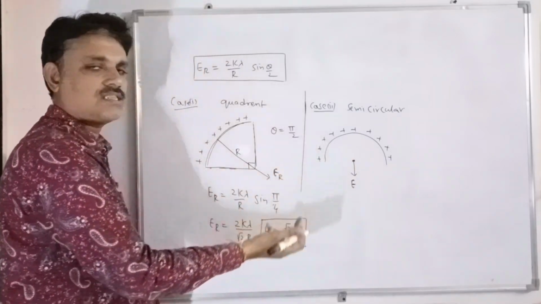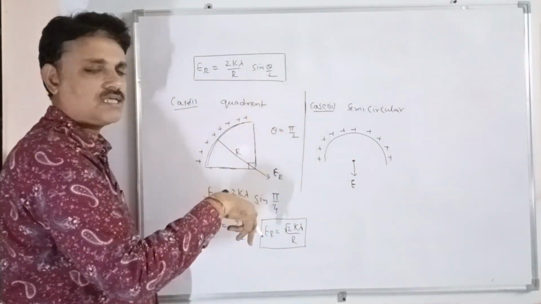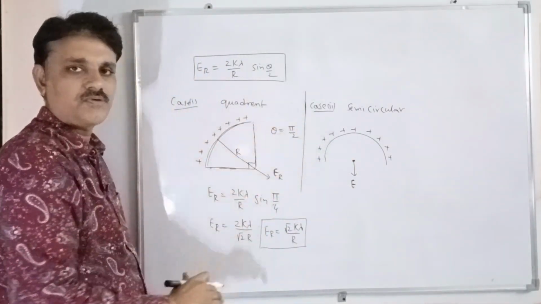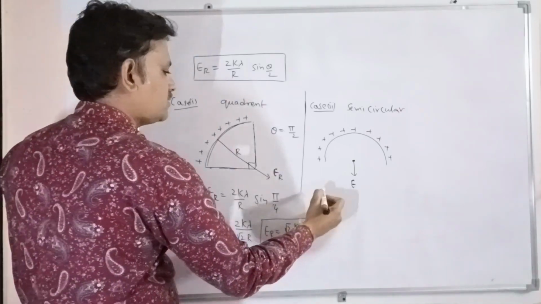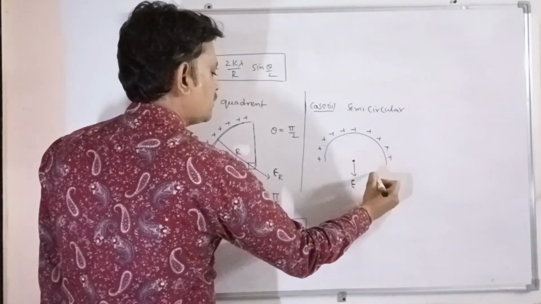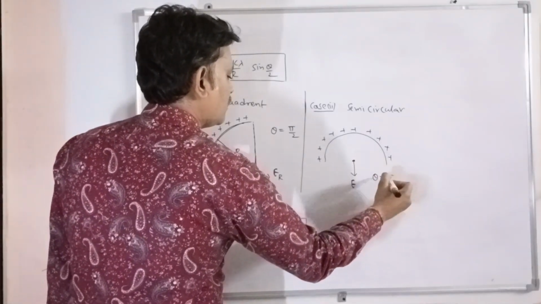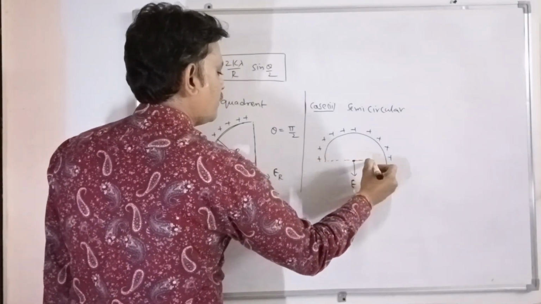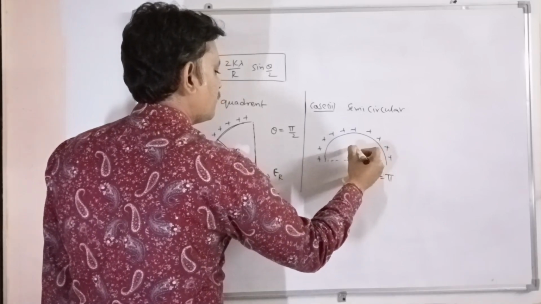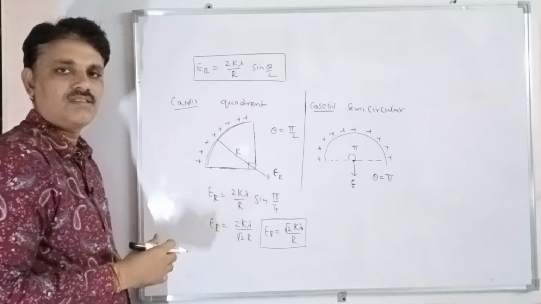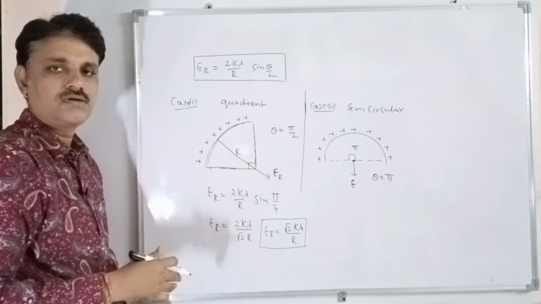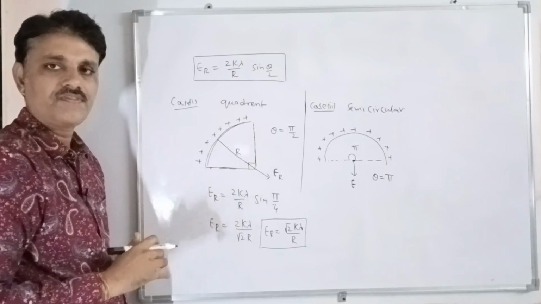If it is negative charge, the electric field is upwards; here the electric field is downwards, because that is positive charge. For a semicircular arc, theta is nothing but pi. It makes an angle pi at the center. So when a semicircular arc is given in the problem, immediately substitute pi in place of theta.